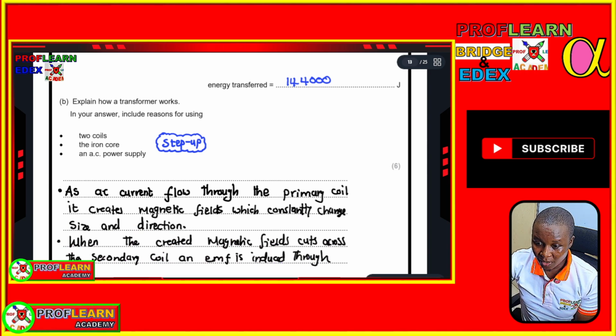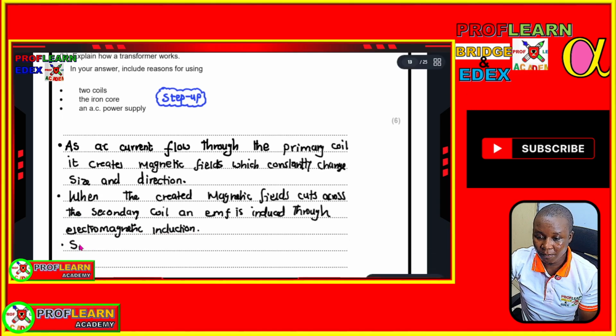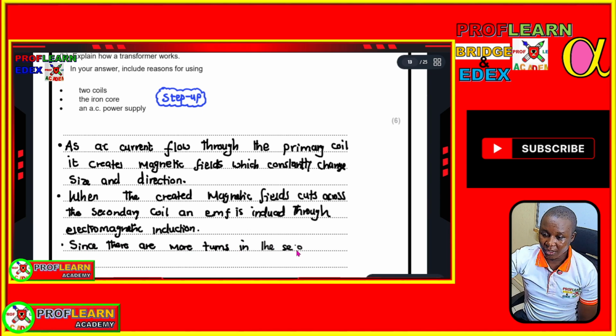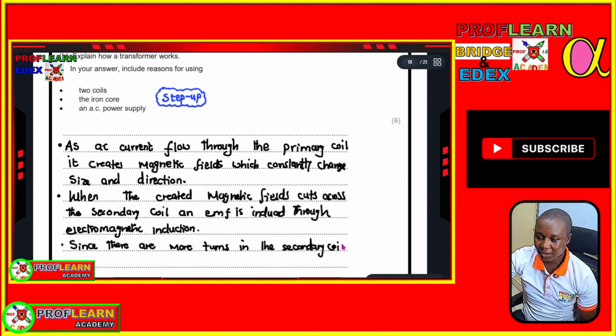And you can see here we have an iron core. A soft iron core is used because it is a soft magnetic material which can be easily magnetized and demagnetized.